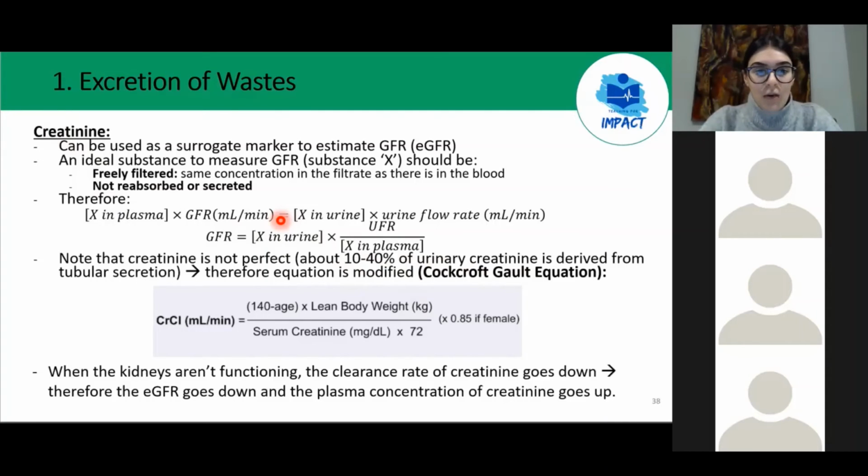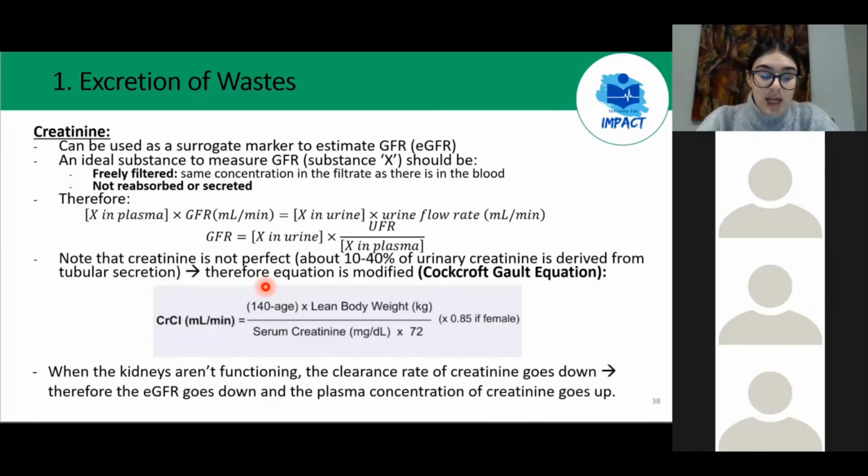And in order to make up for this discrepancy, we have the Cockcroft-Gault equation. This adjusts for the potential reabsorption and secretion that might be occurring with creatinine. So this equation is used to calculate the eGFR, which you might often see on the wards, which is a really good marker of a patient's renal function.